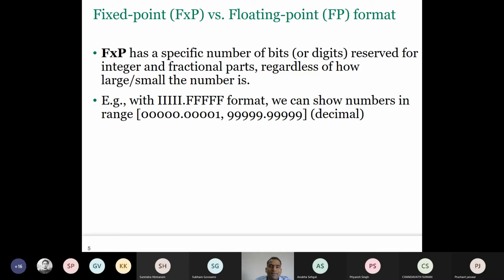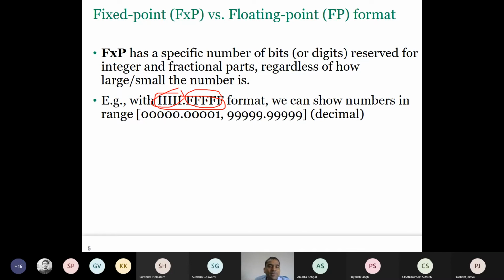For example, let us talk about the decimal number system. Suppose for a moment you forget the binary number system. We are all very familiar with the decimal number system. Suppose we have a total of 10 digits, out of which I use 5 digits for the integer part and 5 for the fraction part.